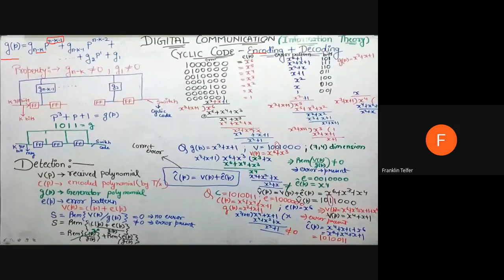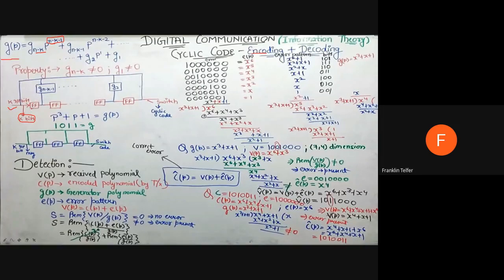Here the property is that g of n minus k is not equal to 0, and g1 is not equal to 0. Let us see what this property makes. We are going to convert the polynomial to a block representation. There is an input of k input bits, which are the message bits.